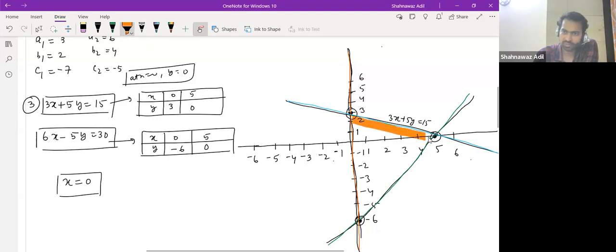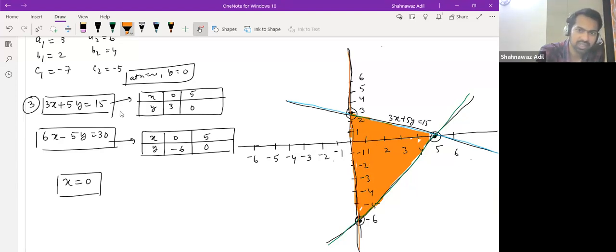This one, right? So this is the triangle that they are forming. Okay.